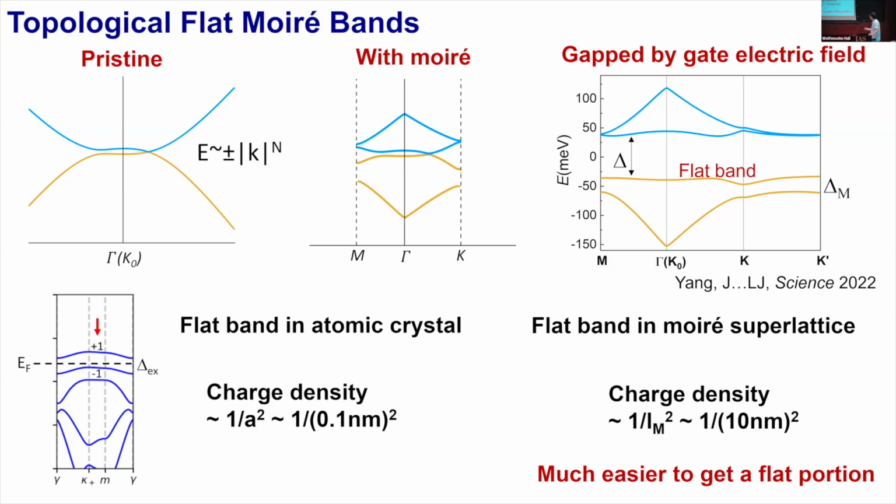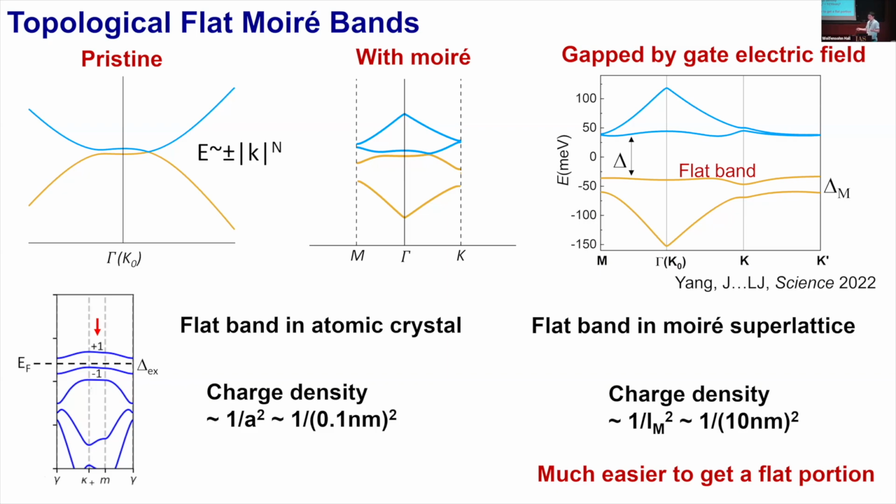Well, in Moiré, you have a much easier job because the Moiré period is much bigger in real space than the atomic bond length, which translates into a much smaller volume in momentum space. And that corresponds to a much smaller number of charges you need to include in your flat band, right? In other words, you don't have to have the whole Brillouin zone be a flat topological band.